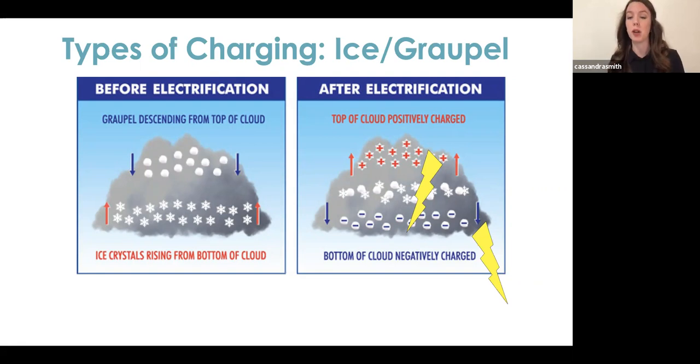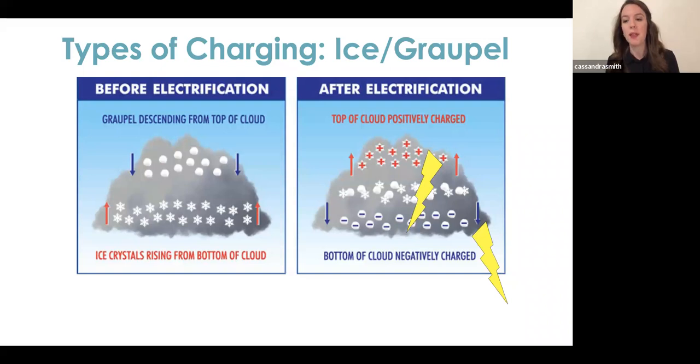With general meteorological lightning, there's really one main type of charging occurring in the clouds, and that's charging between ice and graupel. Graupel is just a fancy word for soft hail. Graupel forms in the upper part of the cloud, and ice crystals are forming in the bottom. But the ice crystals are really light, and the graupel is really heavy, so they exchange places in the updraft within the cloud.